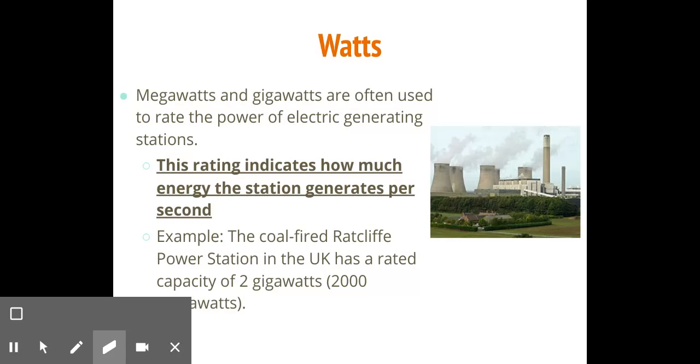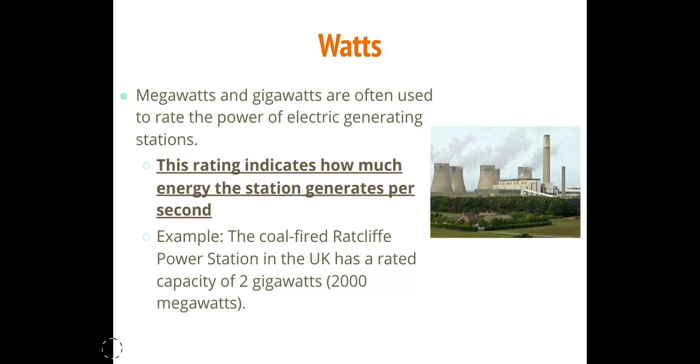So anyway, mega and gigawatts are often used for power plants, which makes sense because power plants pump out a huge amount of energy, and a huge amount of wattage, because they have to pump it across a large number of individuals all at the same time. This rating indicates how much energy the station generates per second. As an example, we have the coal-fired Ratcliffe Power Station in the UK.